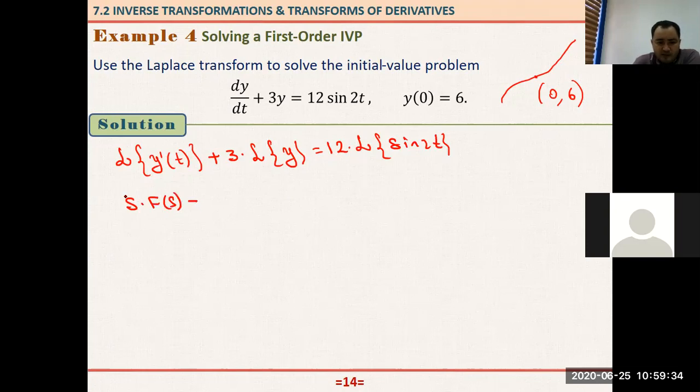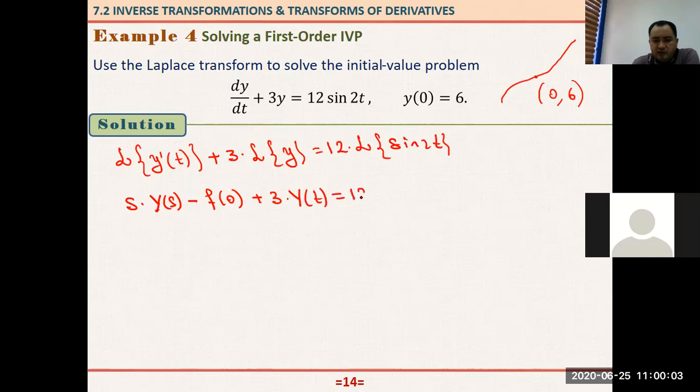And minus f of 0, since 1 less than 1 is equal to 0. So here we have f of 0 plus 3 times, since here it is y, let me just use y also, the Laplace transform of y of t, which is capital Y of s.